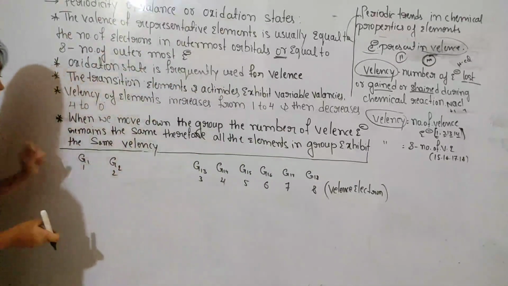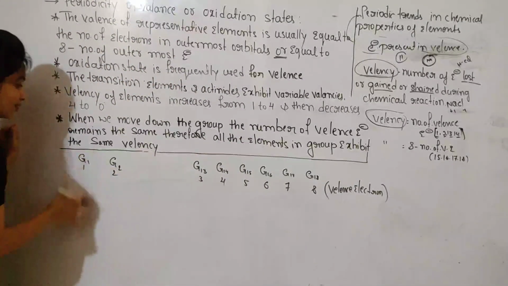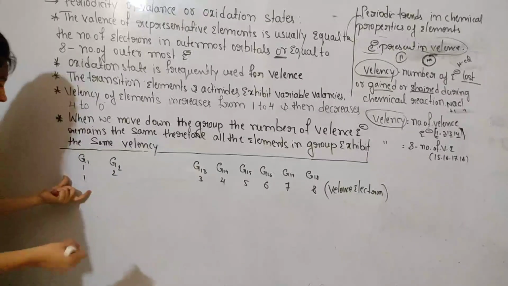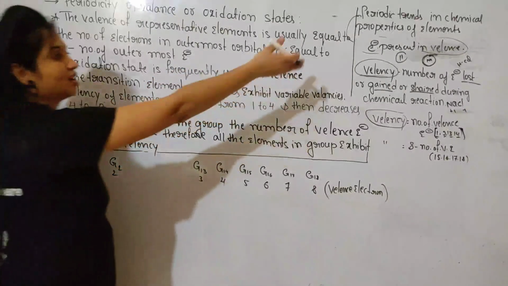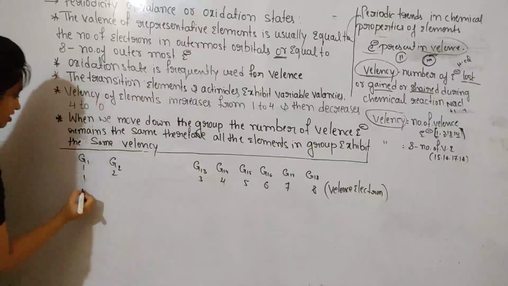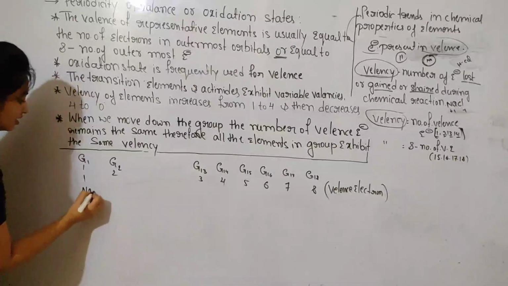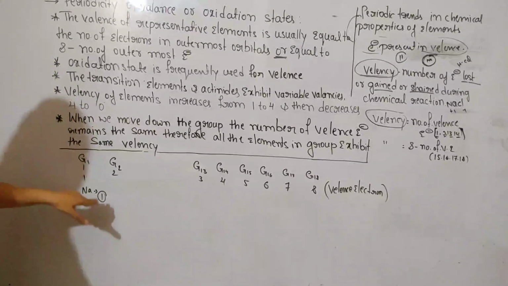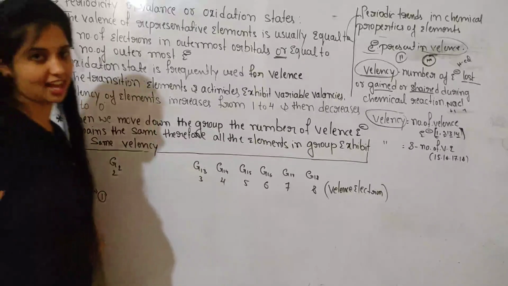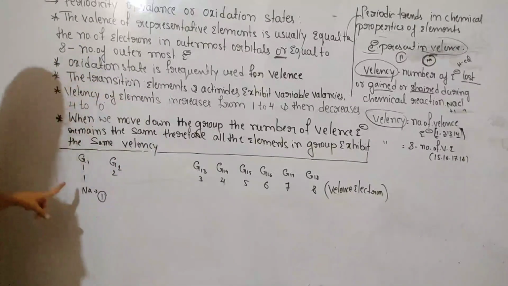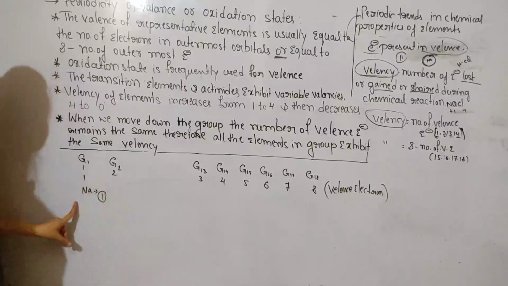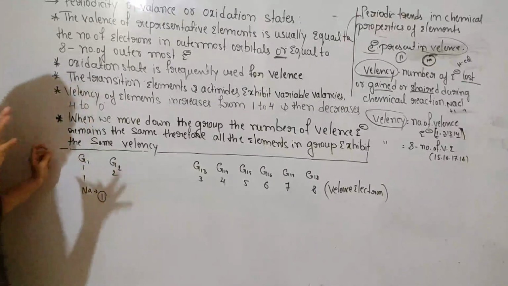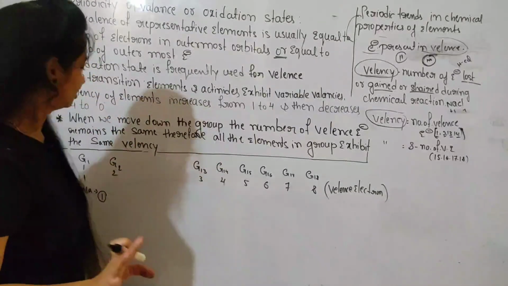So the valency of group 1 elements is also 1, because I already told you the example of sodium: sodium loses 1 electron in a chemical reaction. So the valency of this element, sodium, is 1. So the group 1 elements have valency 1.